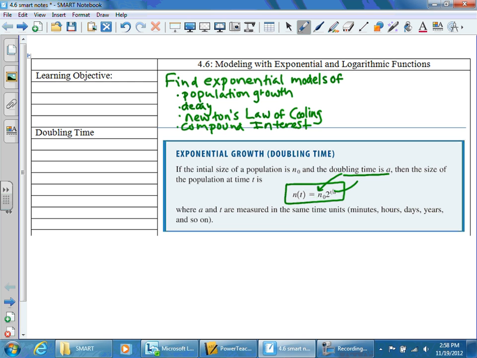We kind of did something like this in previous notes where we asked what we would put in for the rate if it's going to double, and we put the +1 because we're going to be getting itself again. Well, 1 plus 1 would just give me the 2.